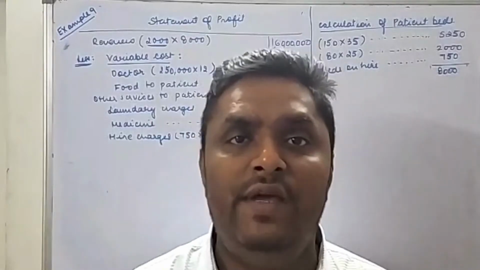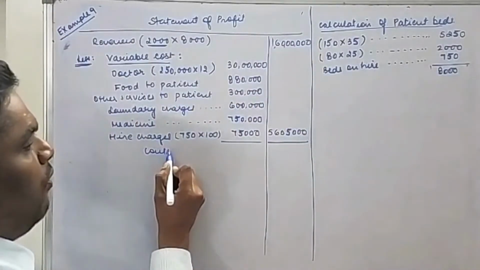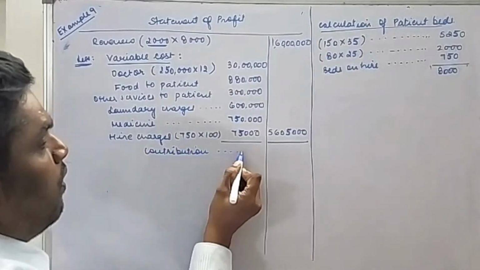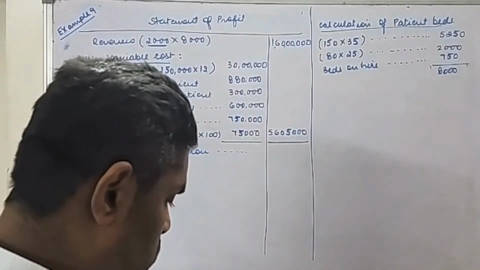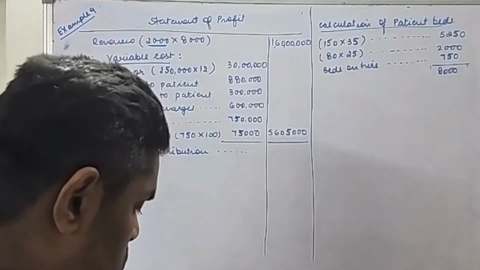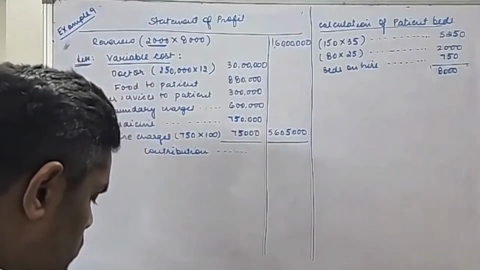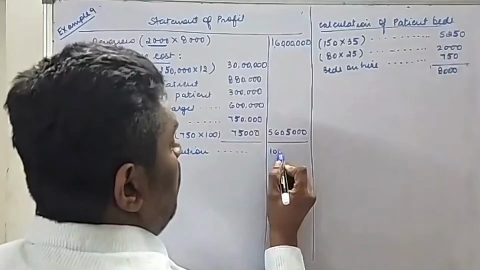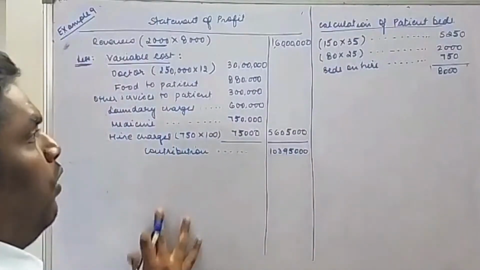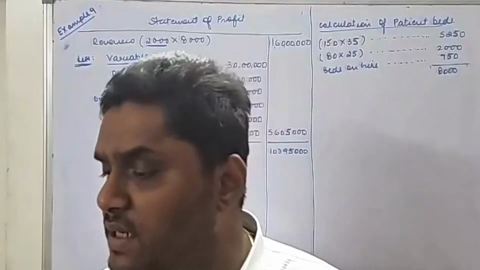If we subtract variable cost from sales, what we get is contribution. I'll be discussing this part in detail while discussing marginal costing.